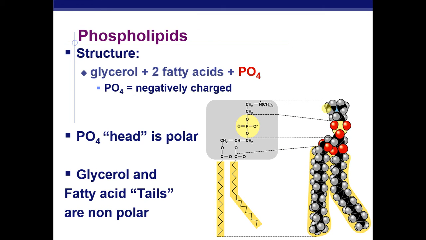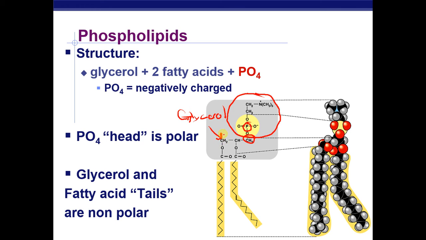The second class of lipids I want to talk about is called phospholipids. They're called phospholipids because they have a phosphate group with phosphorus that's attached to one of the carbons. See, this is glycerol again, with the phosphate attached to one of the carbons of glycerol instead of a third fatty acid.